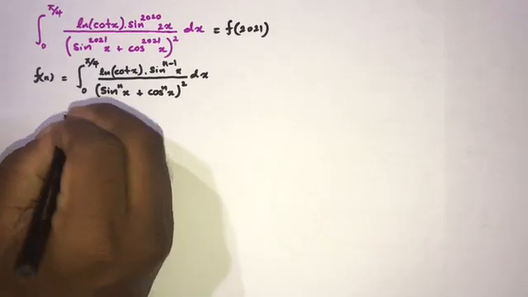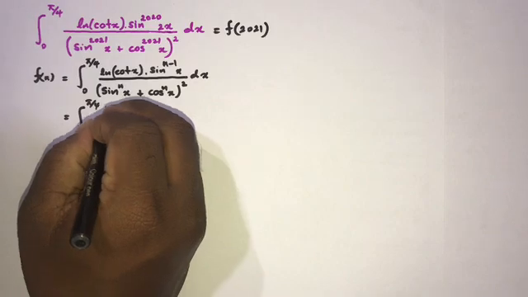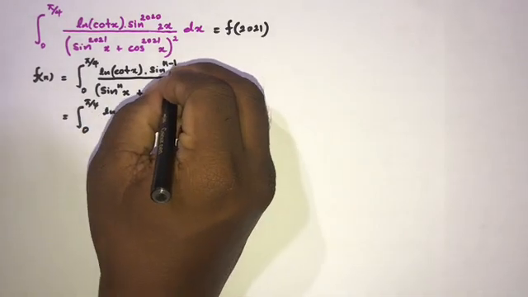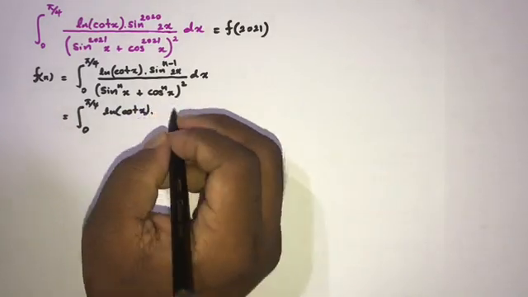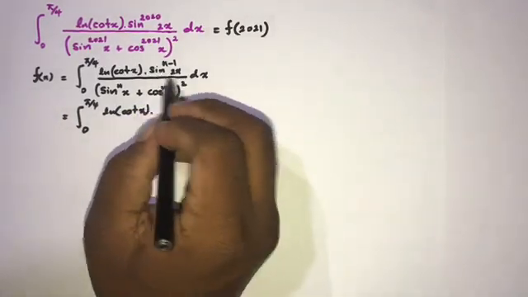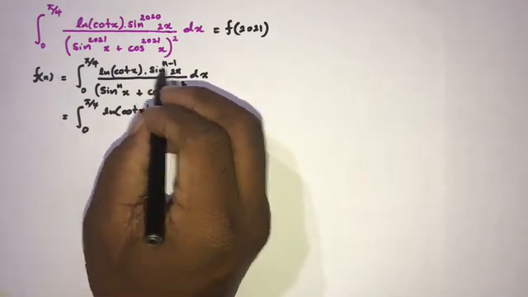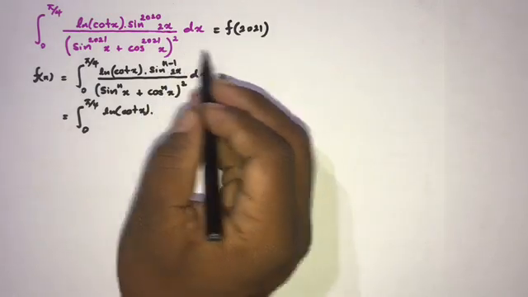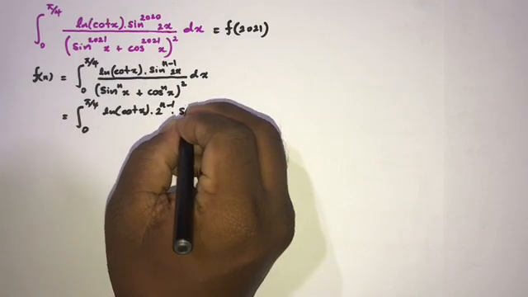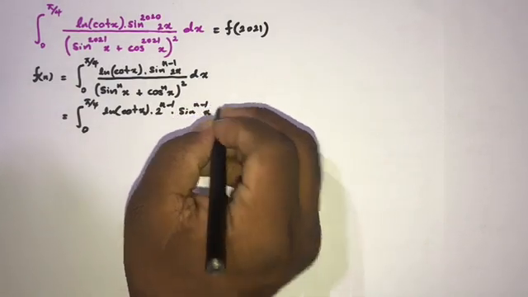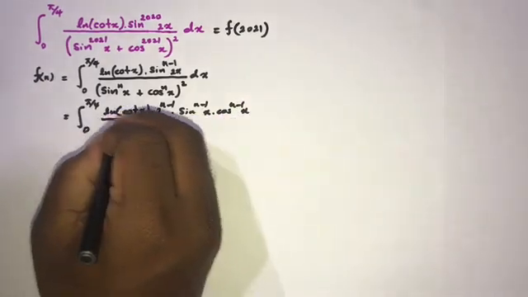We can write this as the integral from 0 to pi over 4 of natural log of cotangent of x times, using the double angle formula, sine of 2x equals 2 sine x cosine x, raised to the n minus 1 power. So 2 raised to the n minus 1 power, sine raised to the n minus 1 power of x, cosine raised to the n minus 1 power of x.